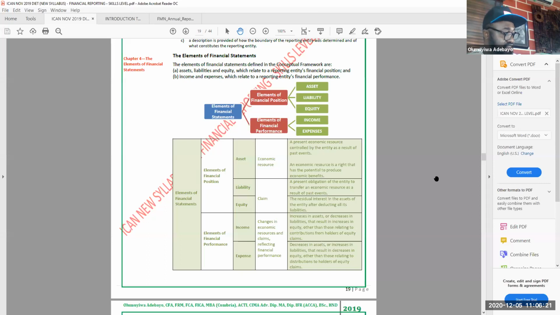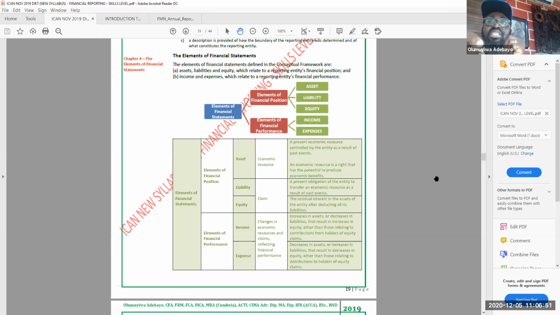And for financial performance, we have it as income and expenses. Now, let's start with this. First thing is that assets can be likened to economic resource, while equity and liability can be likened to claim, because anyone that put his money in another company is either the other company take it as liability or as equity.